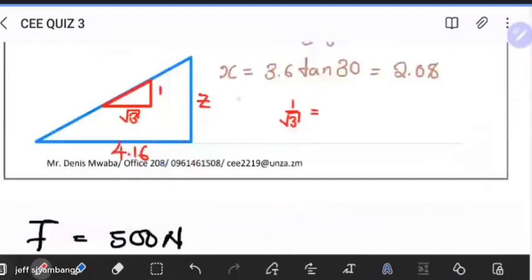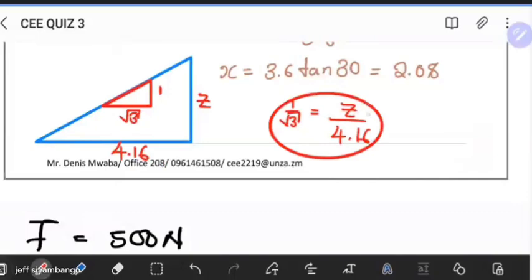Since when the vertical is 1, the horizontal is √3, this has to be equal to when the vertical is Z over the horizontal being 4.16. Do you understand why these two are equal? Silence means you do understand.